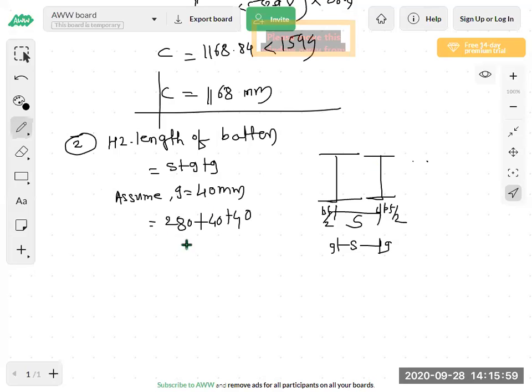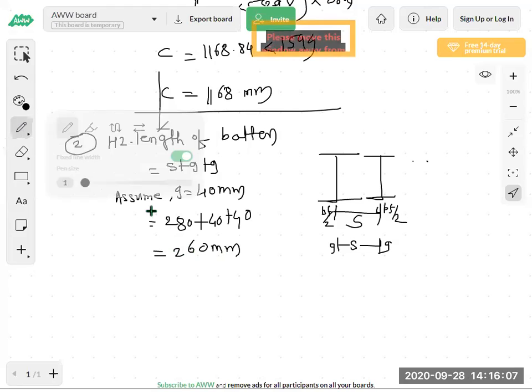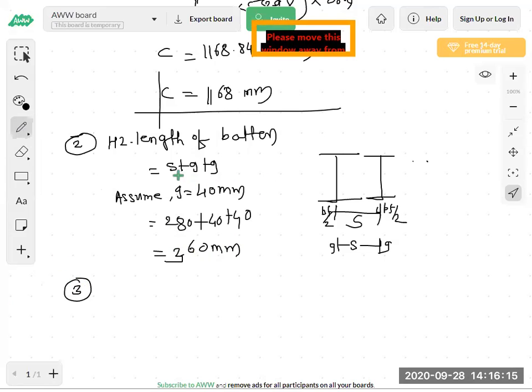So what is this? 260? 360, sorry, 360. This will be 360 mm. So this is the horizontal length. If we add s plus g, or we can add s plus bf by 2 plus bf by 2, for full length we can provide the batten, or s plus g.